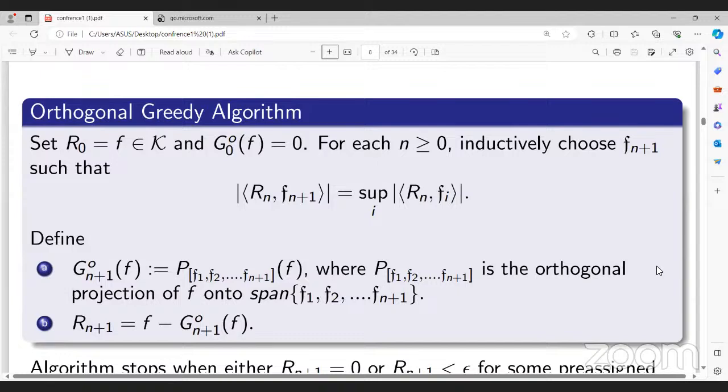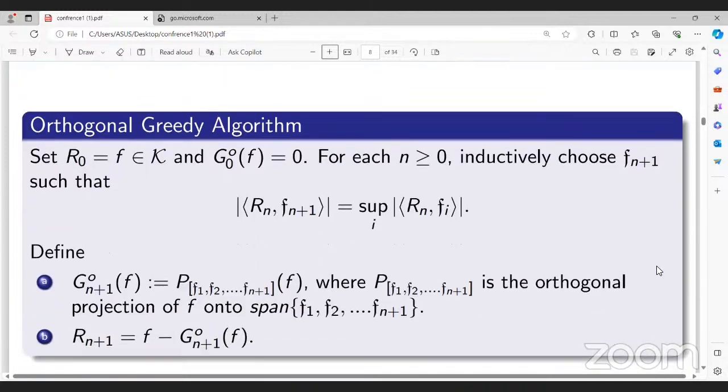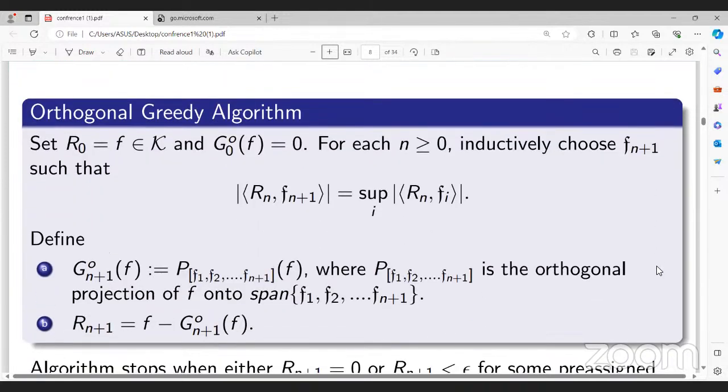Let K be a Hilbert space. R naught is any vector in the Hilbert space, and we set G naught of f equal to 0. Then for each n greater than 0, we inductively choose f n plus 1 in the Hilbert space K such that the absolute value of the inner product of Rn with f n plus 1 equals the supremum over i of the absolute value of the inner product of Rn with fi.